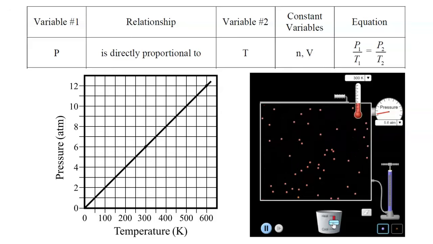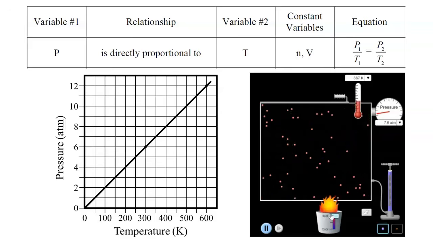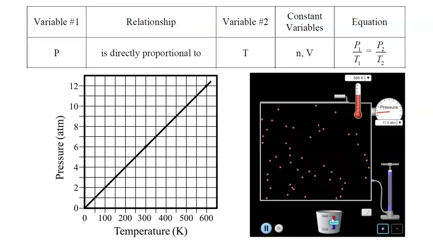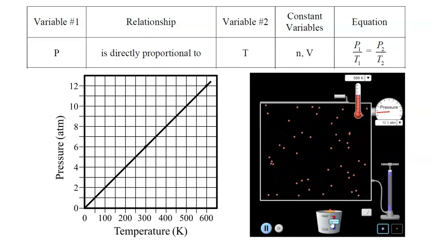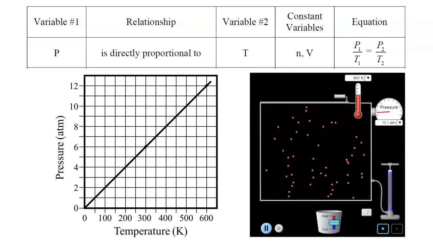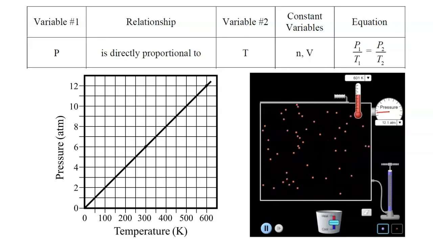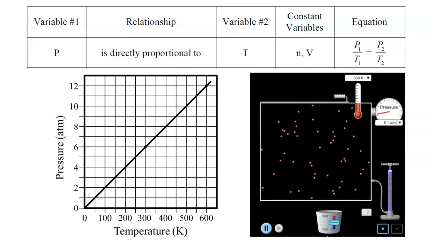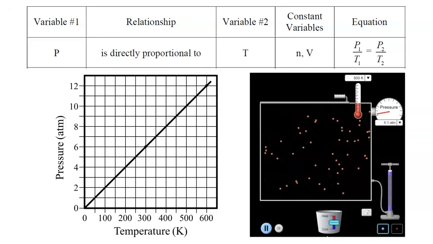So you can see that as a direct relationship in the diagram, in the graph, and the variables that are not changing, the ones that are held constant, are the number of moles, or the number of gas particles, and the volume of the gas sample. So as we double the absolute temperature of the gas, the pressure of the gas sample is also doubled.